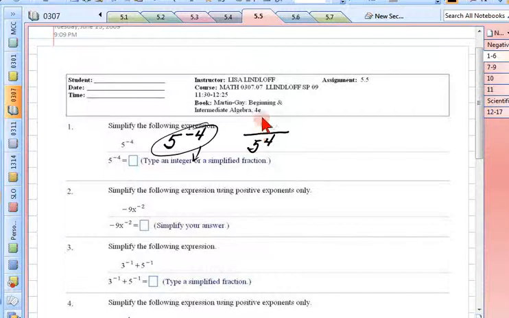1. A 1. Now, this doesn't say anything about leaving it in exponential notation, which means that My Math Lab expects you to multiply that out. 5 times 5 is 25, times 5 again is 125, times 5 again is 625.